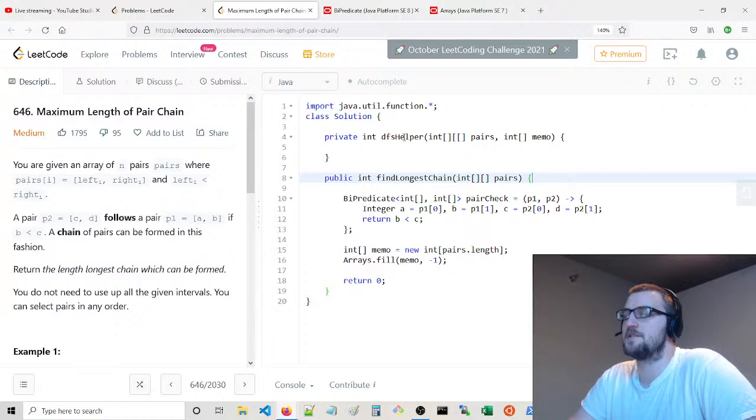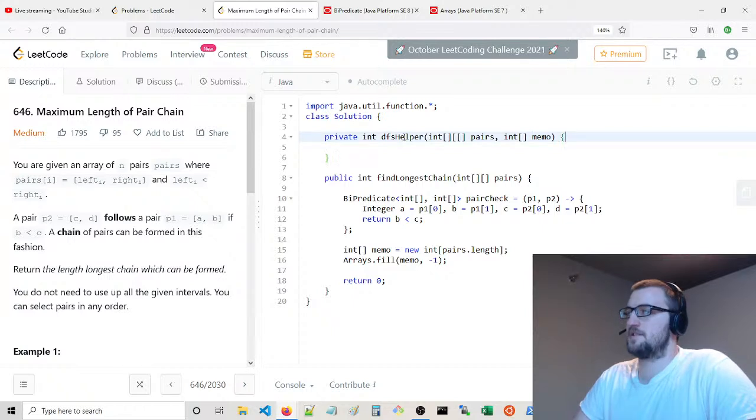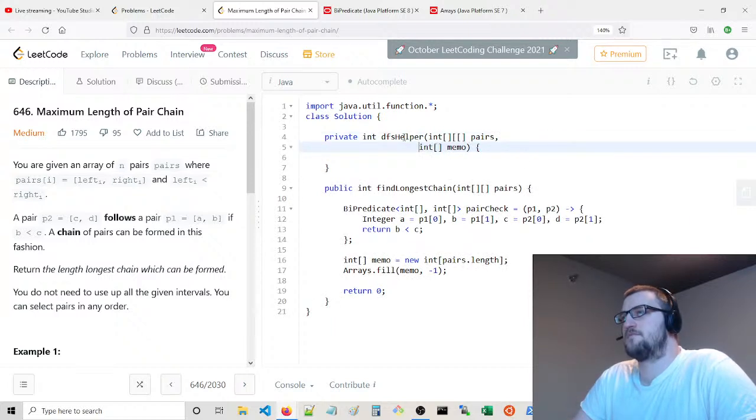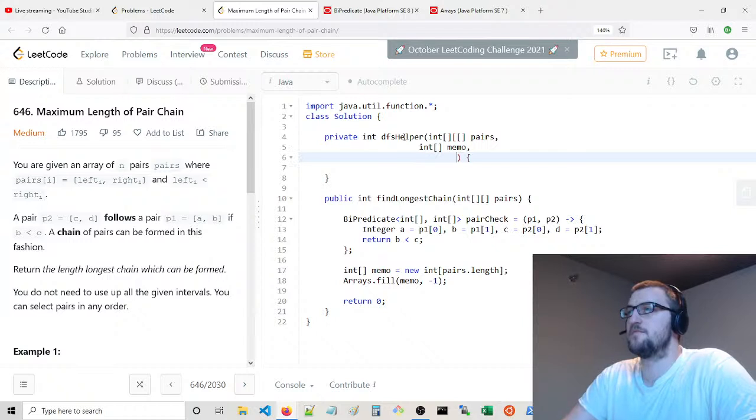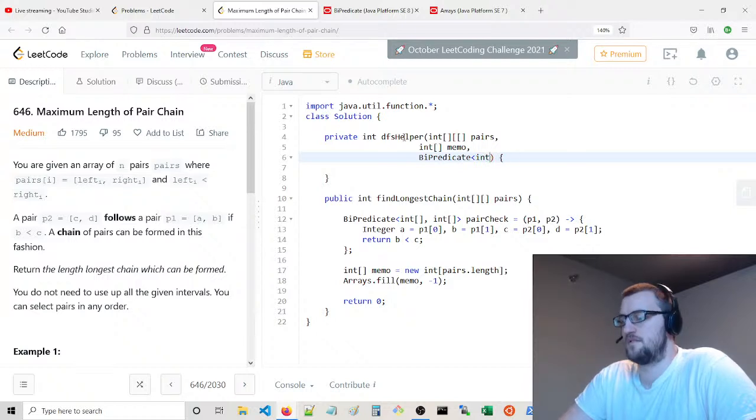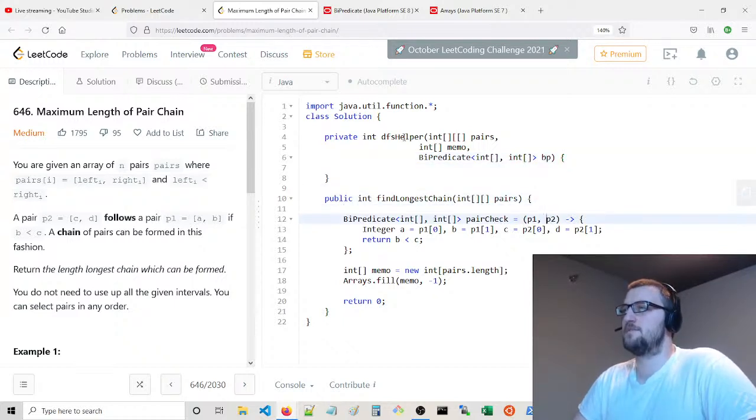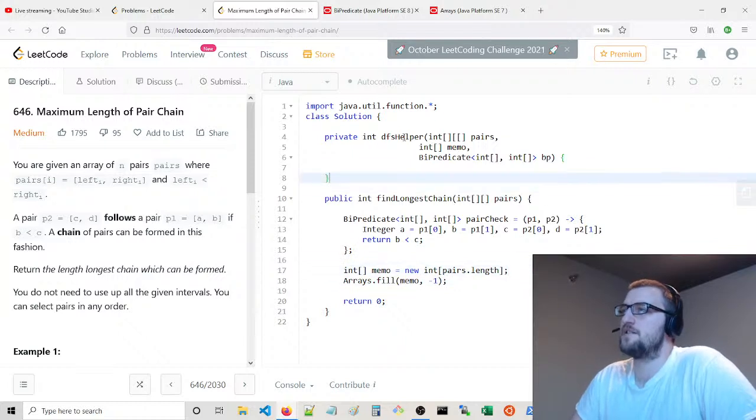I guess you could just give it the predicate as an argument. Hopefully this works. Call it BP pair check. All right, so we have a reference to our predicate.